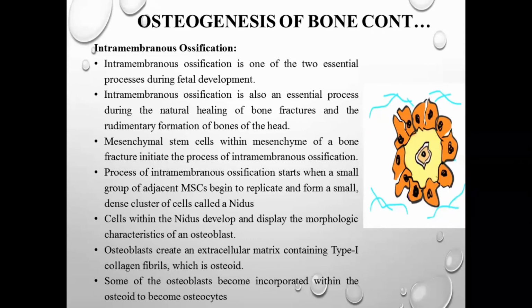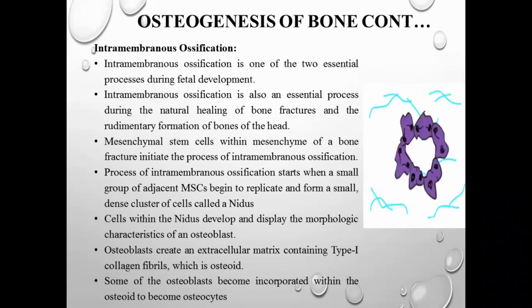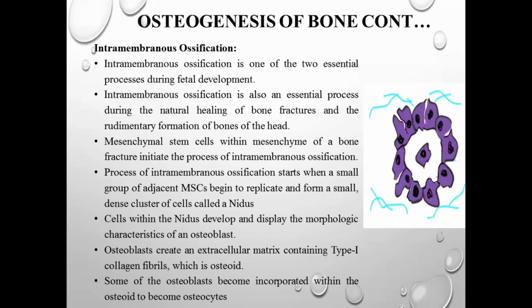Mesenchymal stem cells within the mesenchyme of the bone fracture initiate the process of intramembranous ossification. The process starts when a small group of adjacent mesenchymal stem cells begins to replicate and forms a small dense cluster of cells called the nidus. Cells within this nidus develop and display the macrophagic characteristics of the osteoblast.